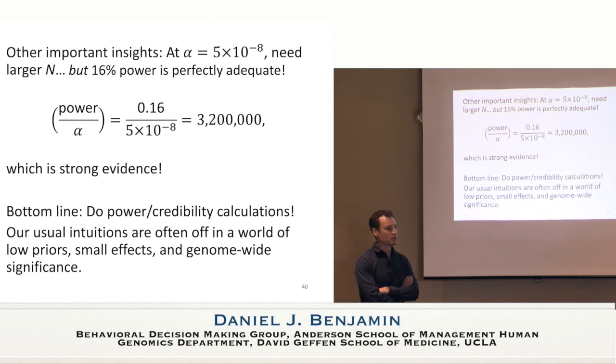So our intuitions are off. And that's why it's generally good to do power calculations and think about credibility calculations. But in the context of these genetic associations, it's especially important because we're just outside the normal range of where our intuitions operate.